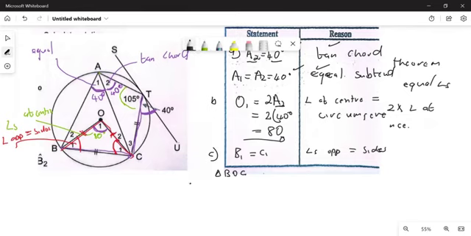Okay, so you're saying I should say that B1 plus C1 plus O1 is 180 degrees. And then what is your reason here, Jane? Sum of interior angles of a triangle. Sum of angles in a triangle.